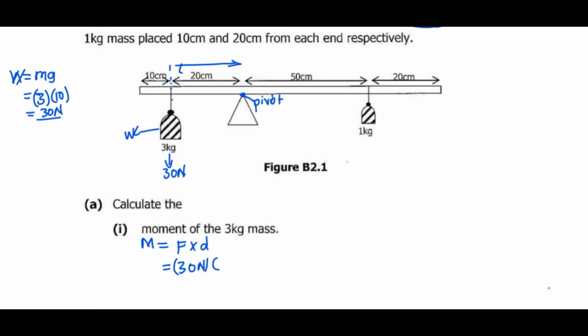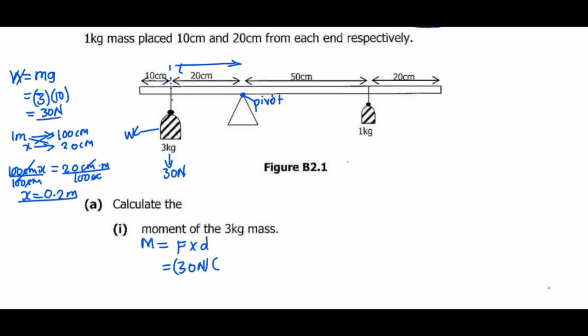We know that 1 meter is equal to 100 centimeters. So we'll say 20 centimeters is x, then we cross multiply and divide by 100 centimeters. So x is equal to 0.2 meters.